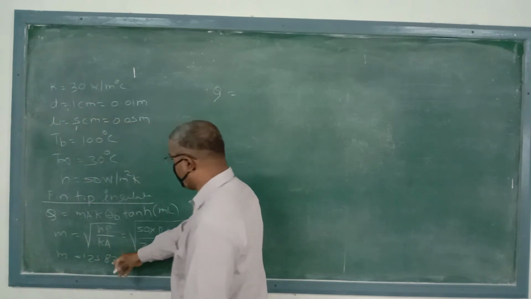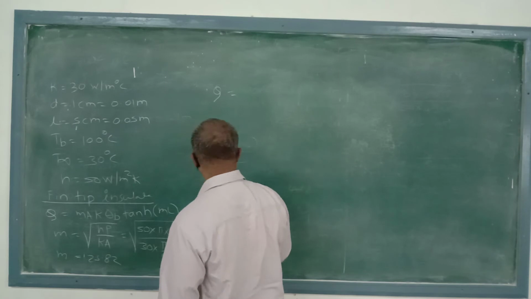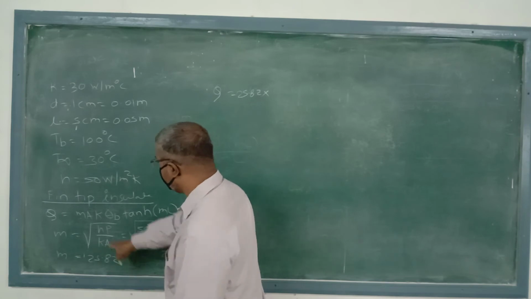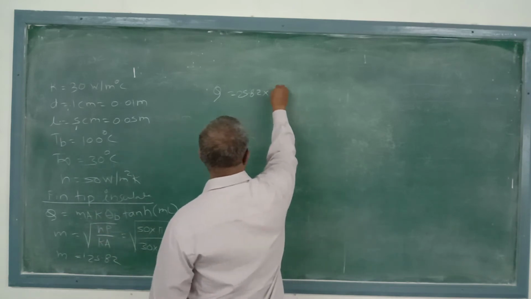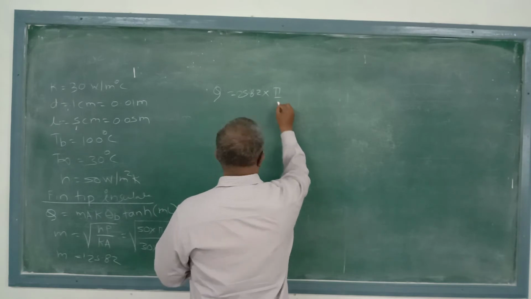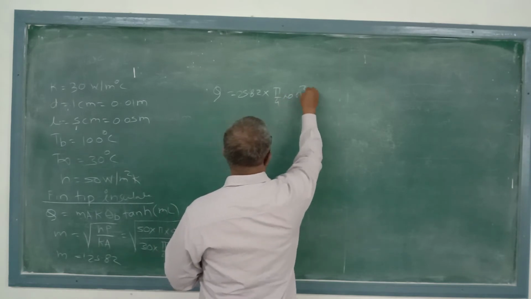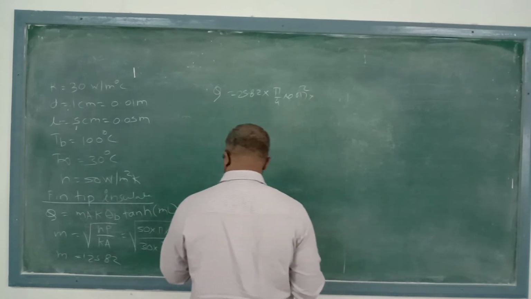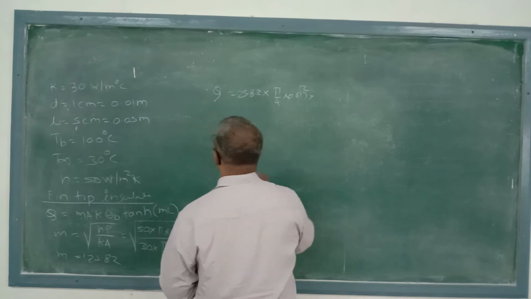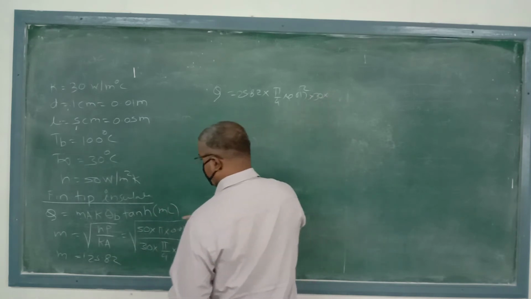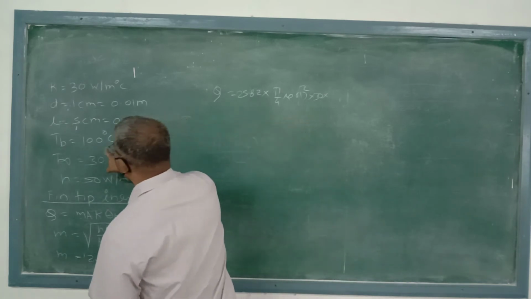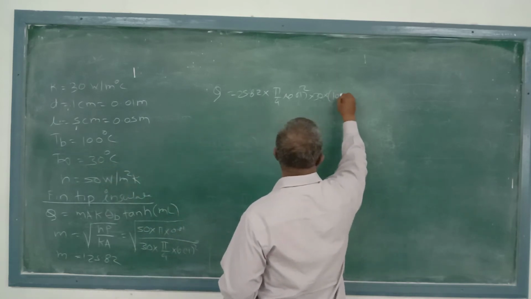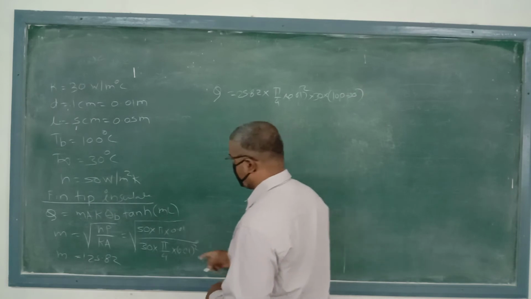So Q, we can substitute the values: m, that is 25.82, into area pi by 4 into 0.01 square, into k 30. Next, theta_B we have to find. Theta_B is the temperature of the base minus the environment, which is 100 minus 30.